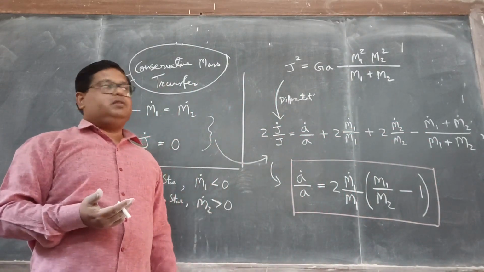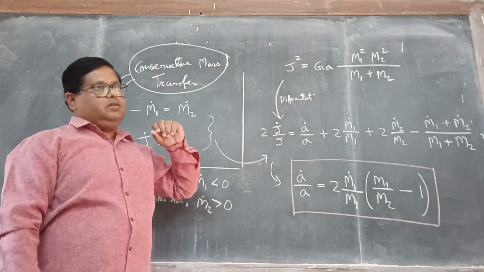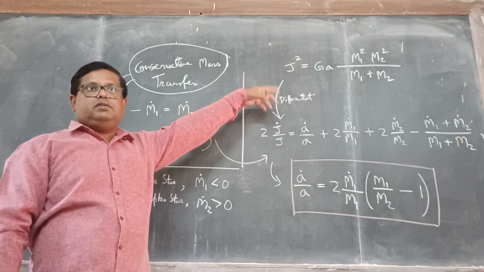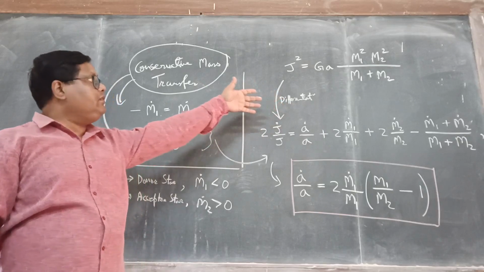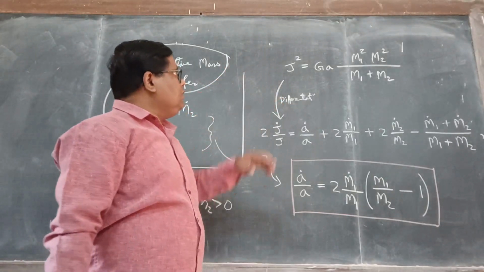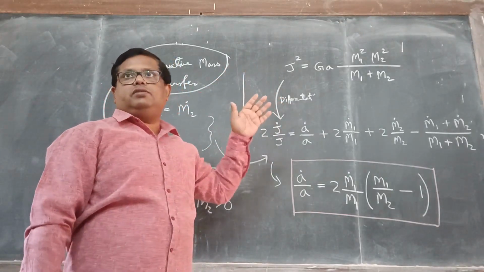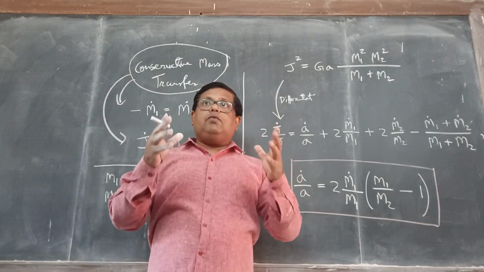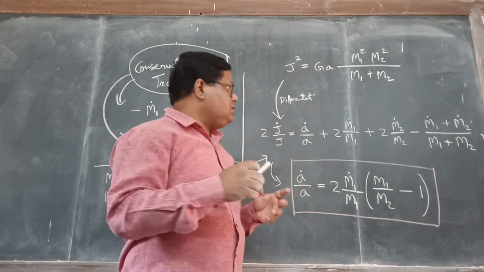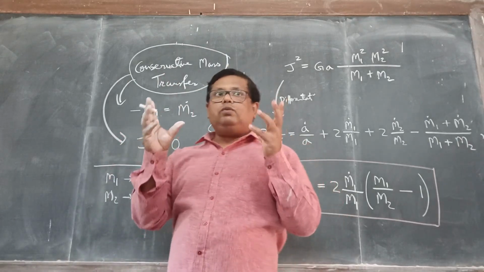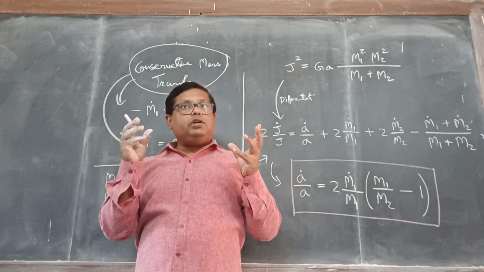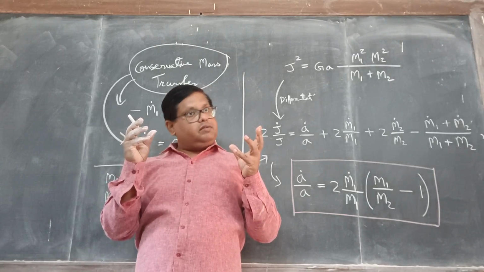Now, you also remember that we already found the expression for the total angular momentum J just a few minutes back, right? Now let us differentiate this. You must be wondering, sir, why differentiation? What we want is basically how the two stars will evolve with time. Roche lobe is just an indicator, right?